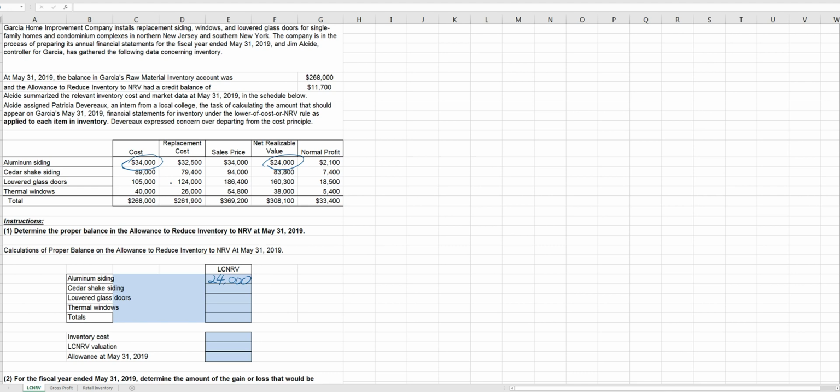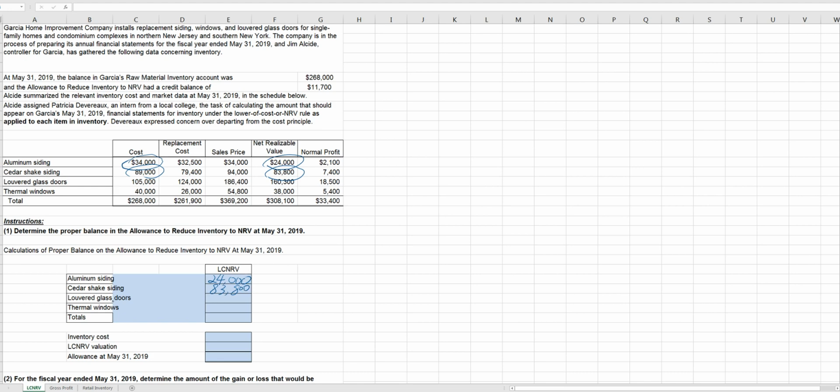Alright, then we're going to look at the next one, the cost and net realizable value. And in this case, again, the net realizable value is lower. So LC NRV equals net realizable value.